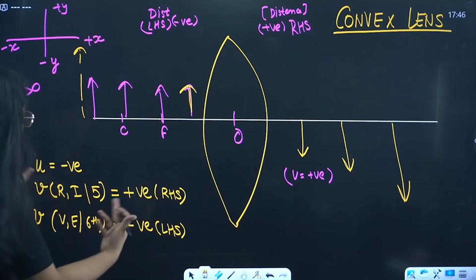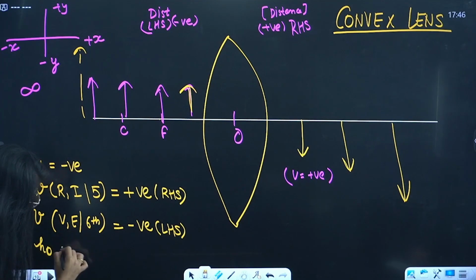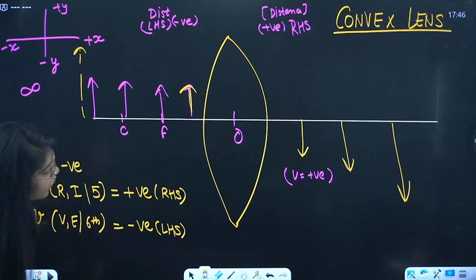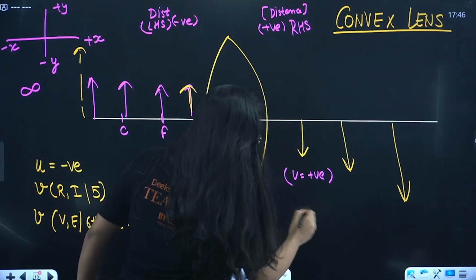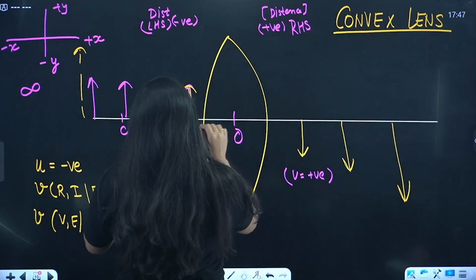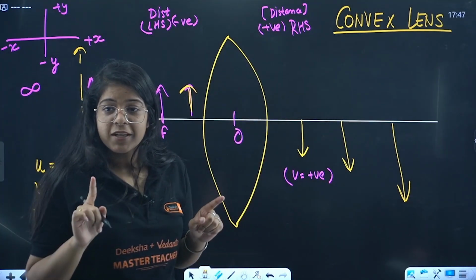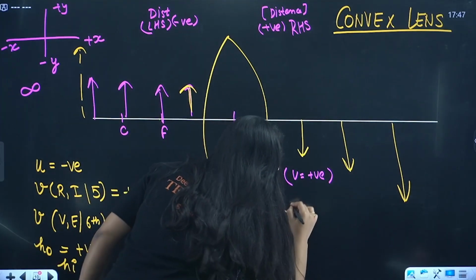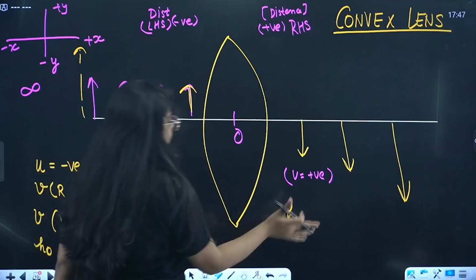Everything else is same. Height of image above the principal axis. Now, height of object above the principal axis, positive. Height of image for the first 5 cases. Let me write it down properly. Height of object above the principal axis.